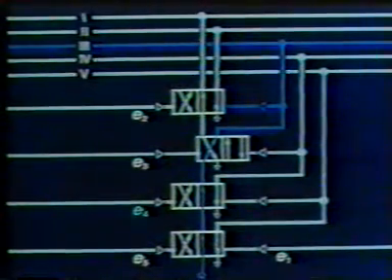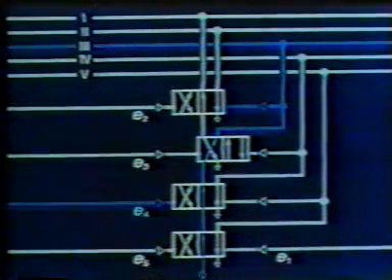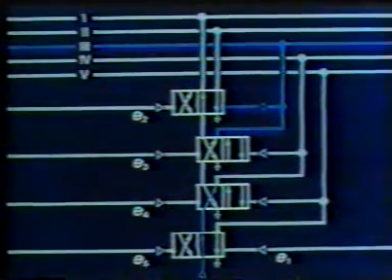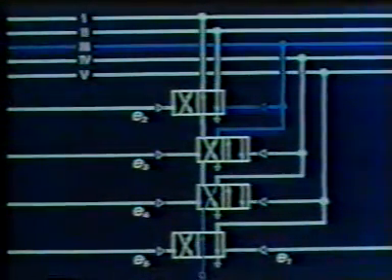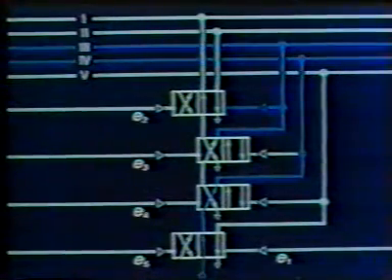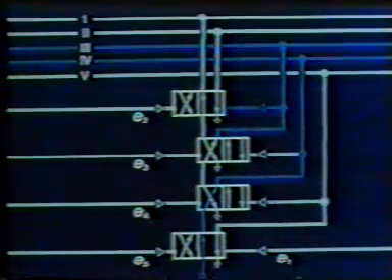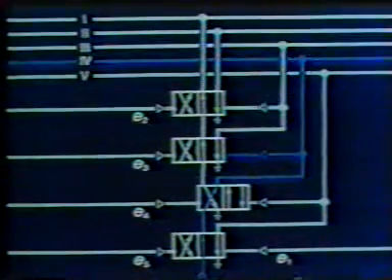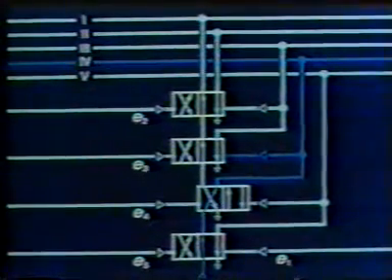Signal E4 switches over the next memory. Control circuit 4 is supplied with air. And control circuit 3 is exhausted.